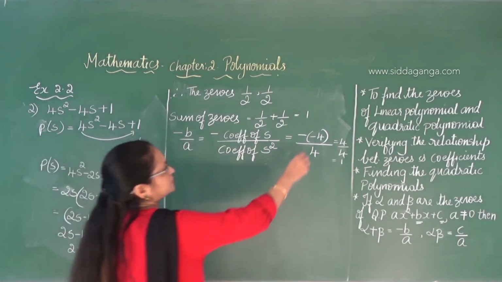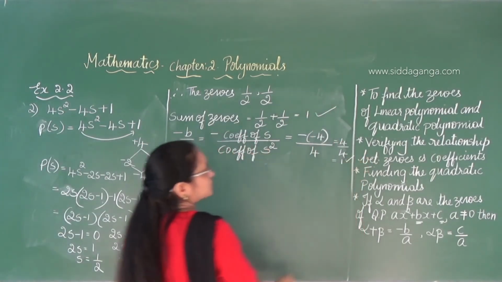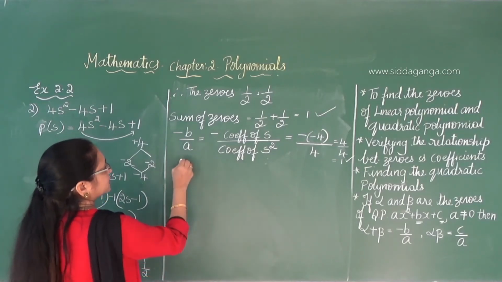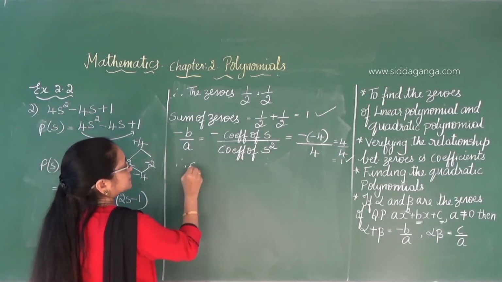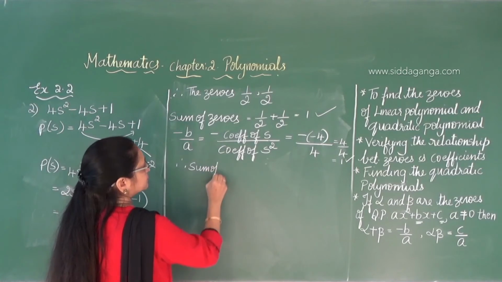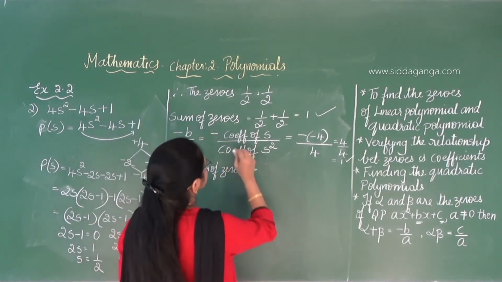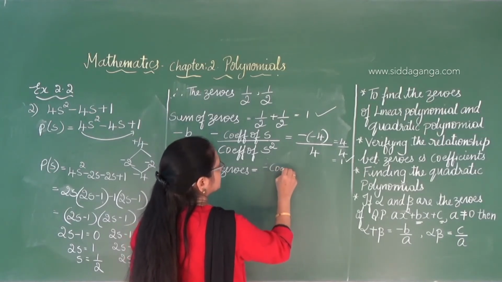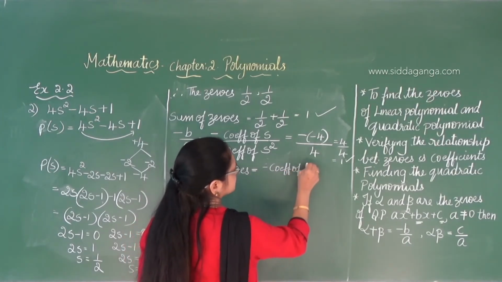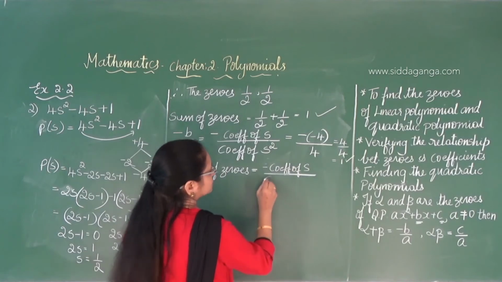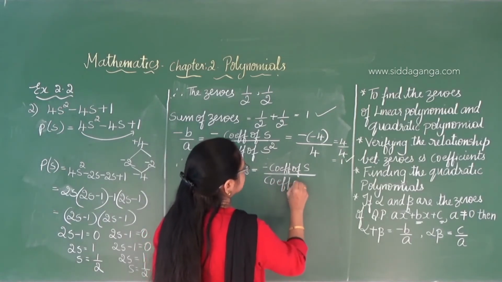Again we got 1. Therefore, we can come to the conclusion that sum of zeros is equal to minus of coefficient of s divided by coefficient of s square.